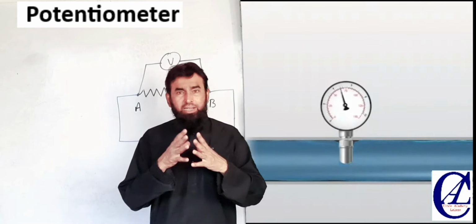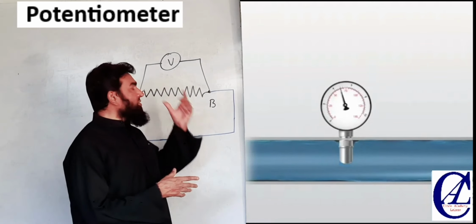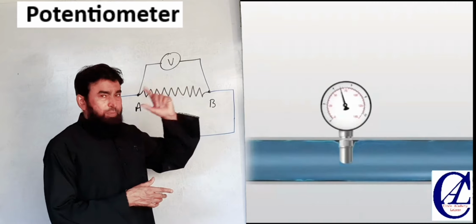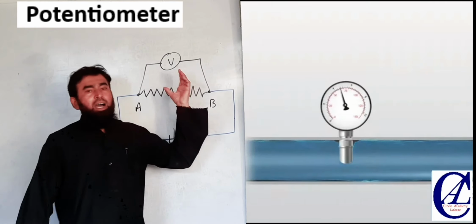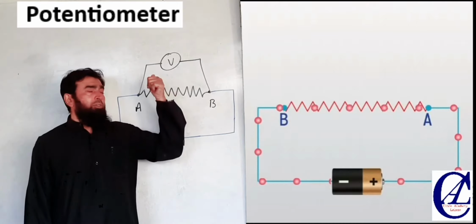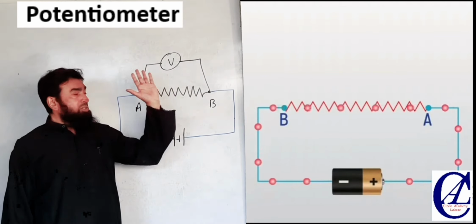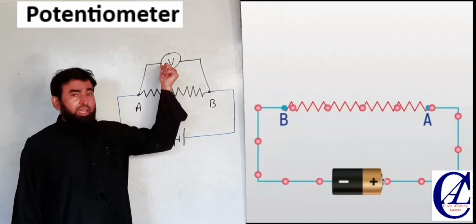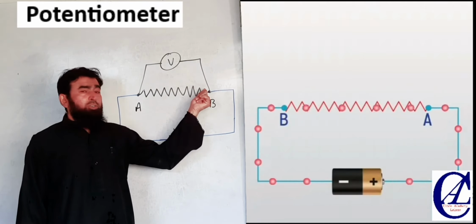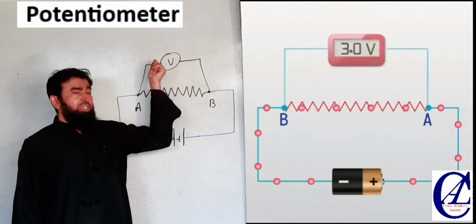Here again you will have to understand why we are not using the voltmeter. Although the resistance of the voltmeter is very high, even then a small quantity of current also flows through the voltmeter.